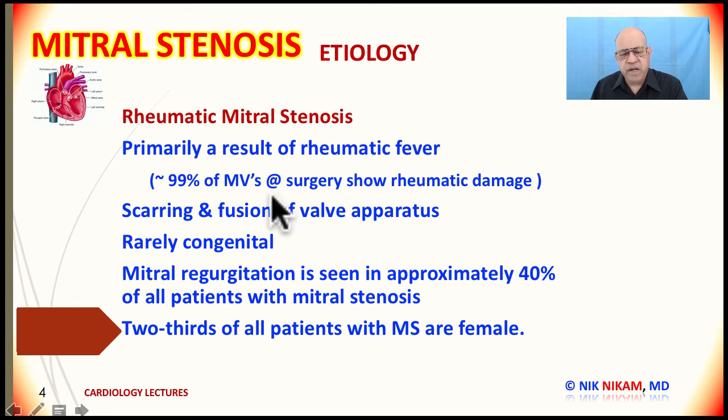It accounts for more than 99% of the mitral valves that are surgically treated. In rheumatic mitral stenosis, there is scarring and fusion of the valve apparatus. Mitral regurgitation is seen in approximately 40% of all patients with mitral stenosis. Two-thirds of the patients with mitral stenosis happen to be females.